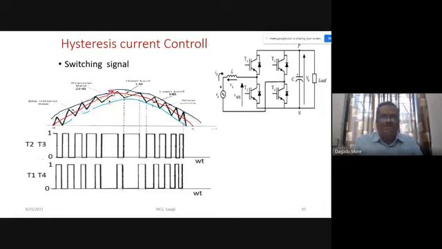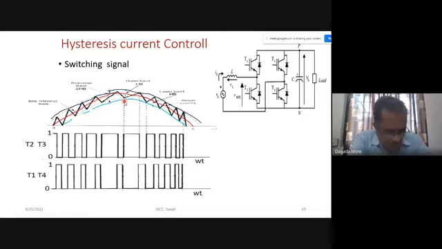If this band is larger, the rate of increase or decrease of current is fixed. The rate of current is determined by the inductor, the capacitor voltage and the supply voltage, so that is fixed. If our band is larger, the time required to reach the limit will be higher, and the time required to reduce will also be higher. So the switching frequency will be lower when the hysteresis band is higher.